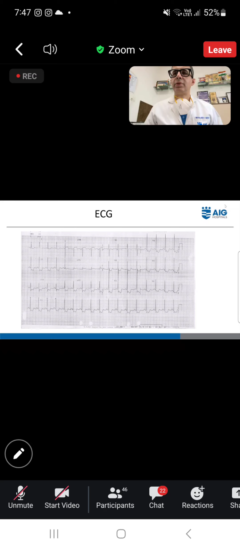You can just unmute yourself. Good morning, sir. Sir, normal standardization and normal axis, showing normal QRS complex with the P wave preceding each QRS complex.